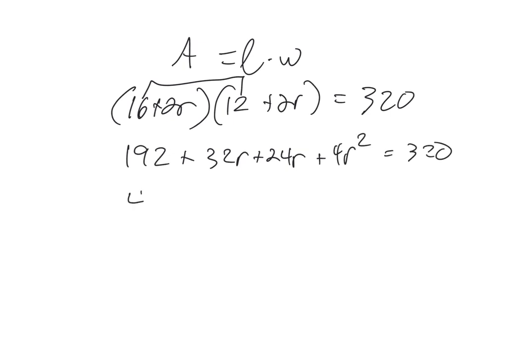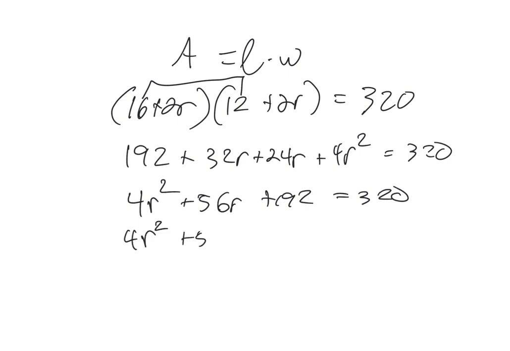I like to rewrite it in descending order, so my highest power is in the front: 4R squared plus 56R plus 192 equals 320. And when solving quadratics, I want it set equal to 0. So I subtract 320 from both sides, leaving me with 4R squared plus 56R minus 128 equals 0.